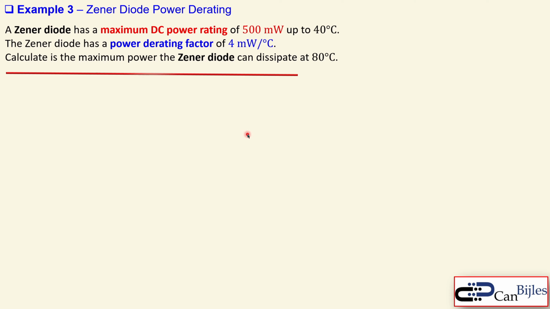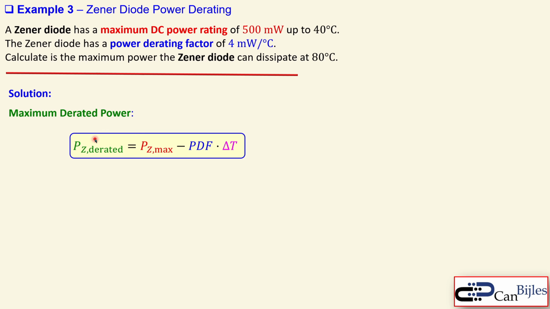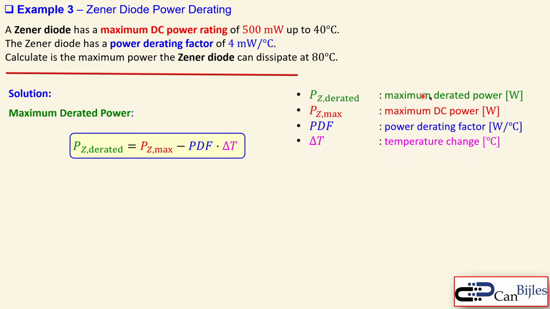Okay, let's see the solution. The maximum derated power is given by this formula, so we only need to insert the required values. These are the parameters. The PZ max is 500 milliwatts, so 0.5 watts. The delta T, which is the change in the temperature, is in this case 40 degrees, so 80 minus 40.